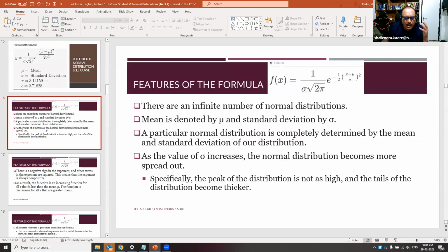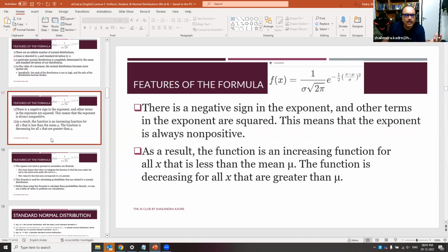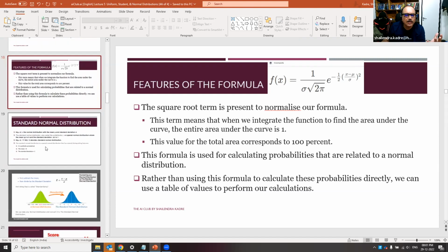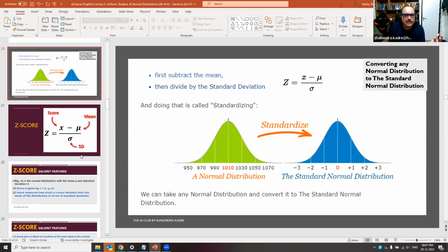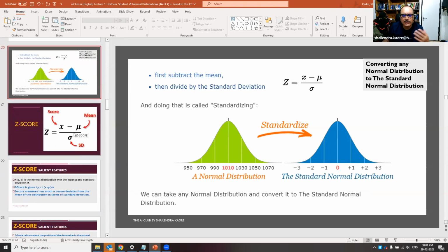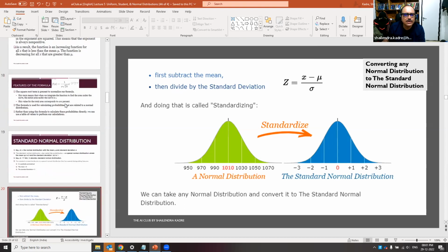But you should understand the properties of this formula, how it behaves under different conditions, what the standard normal distribution is, and how the Z value, the Z score, is calculated. Based on the Z score, we'll do some numericals. That will close normal distribution. So I close here, and if you have any questions, you are most welcome.